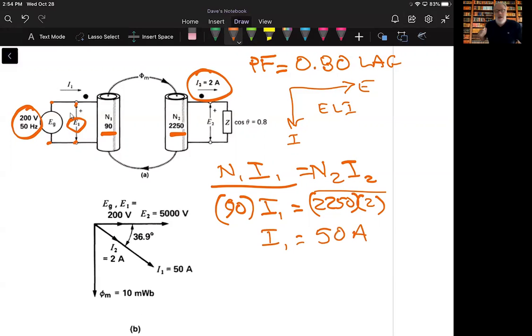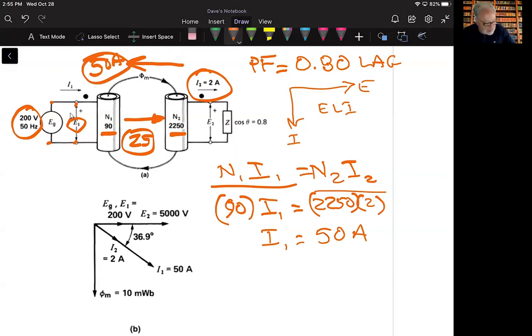Now, we should be able to reason that, since of this turns ratio, the voltage is 25 times greater on the secondary than it is on the primary. And the current, on the other hand, will have an inverse relationship, where the primary current will be 25 times more than the secondary current, and 25 times more than 2 is 50 amps.